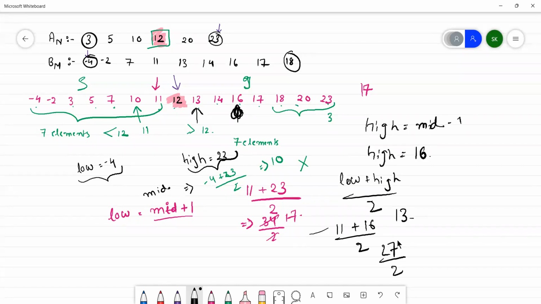Guys, be quick. It's 8 and 6, not 7 and 6, it's 8 and 6. Again, it is not equal. Still, your higher numbers are smaller. So you will again move your high to mid minus 1. Your mid was 13, mid minus 1 will become 12. Everyone, are you able to follow this?